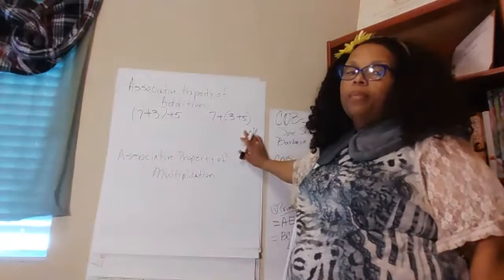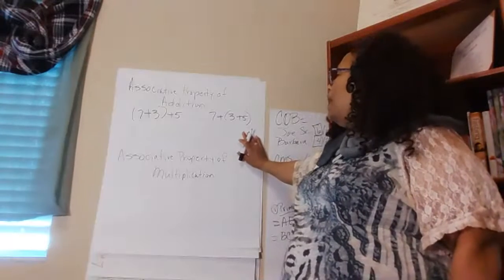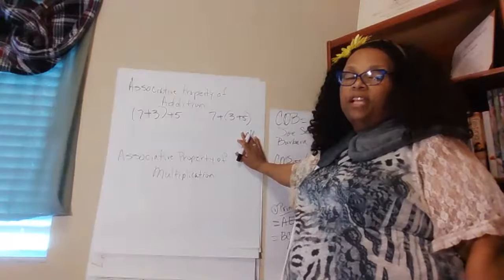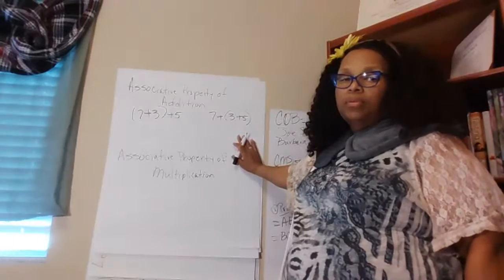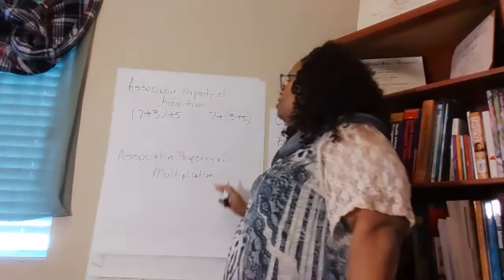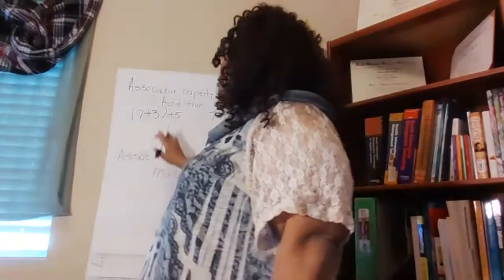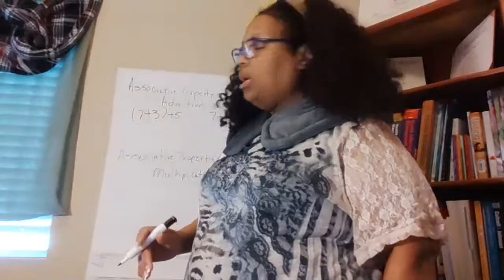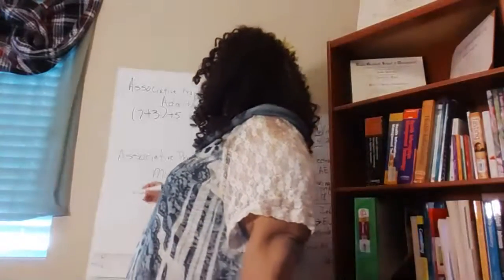And the second problem to your right has 7 plus 3 plus 5 with 3 plus 5 in parentheses. Okay? So, now you're going to work out what's in parentheses first. Okay, what's in parentheses first?